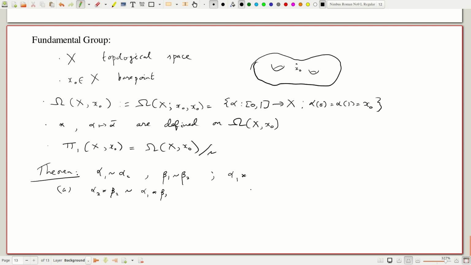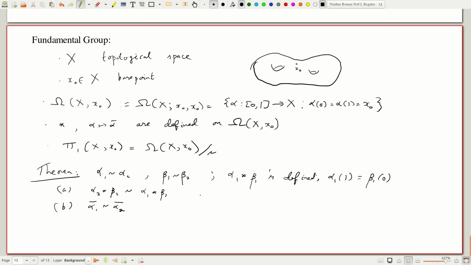What we need is alpha 1 star beta 1 is defined. That is, alpha 1 of 1 is the same as beta 1 of 0. Okay, so then if I look at alpha 2 star beta 2, it is defined and it's homotopic to this, and also alpha 1 bar is homotopic to alpha 2 bar. That is, homotopy is compatible with both multiplication and inversion.